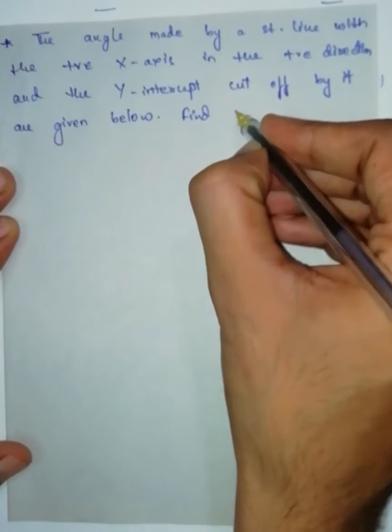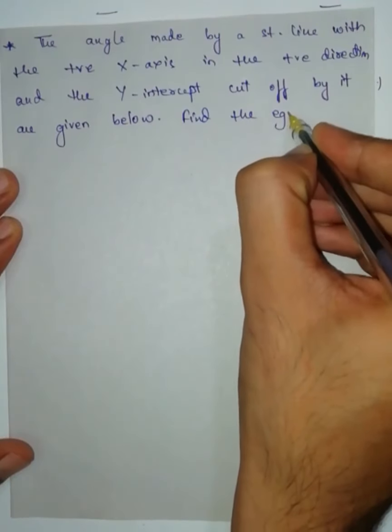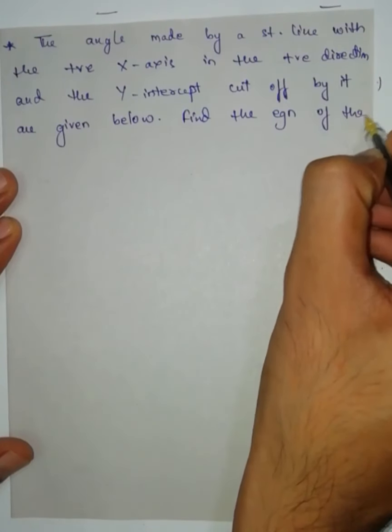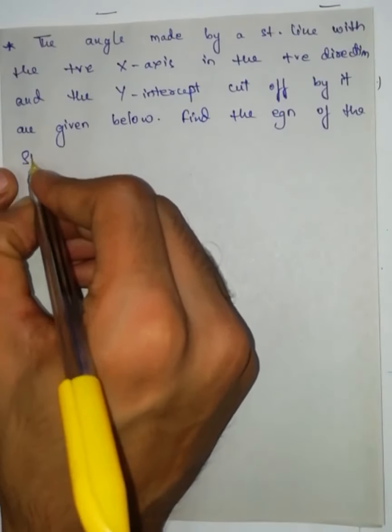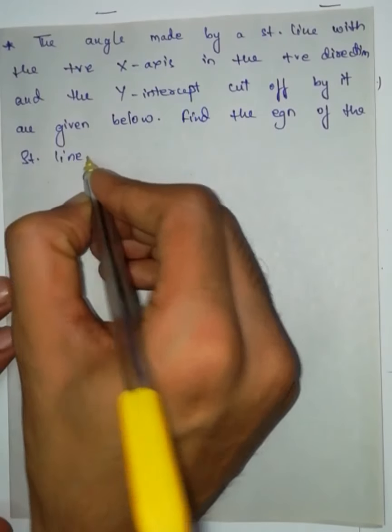Find the equation of the straight lines. First one 60 degrees comma 3.